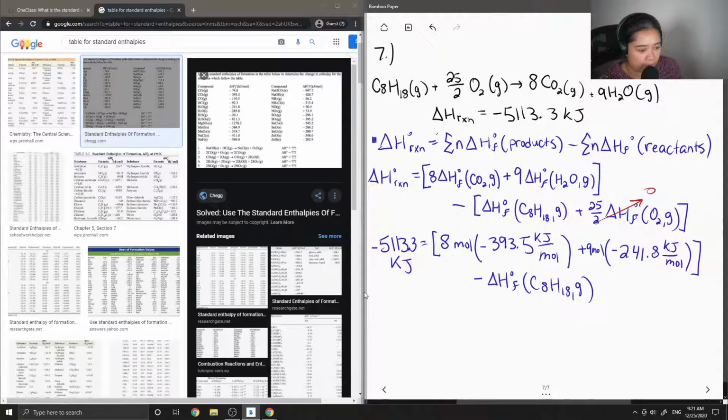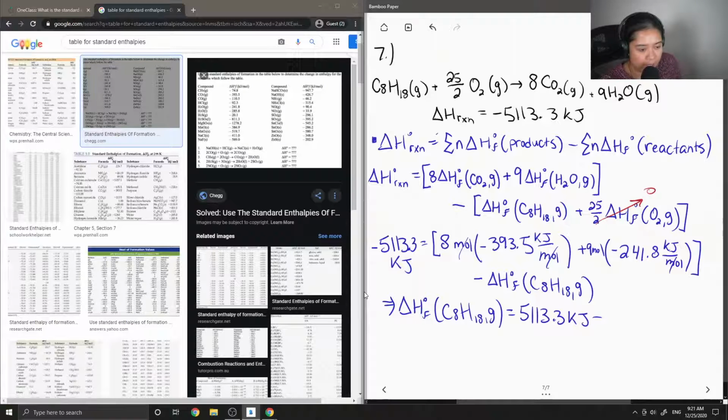Okay, so if I simplify this equation and bring our unknown to the other side to make it positive, and then bring the negative 5,000 over to the other side, you get positive 5,113.3 kilojoules minus this whole bracket here.